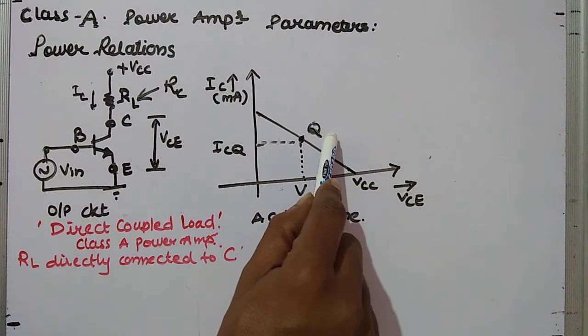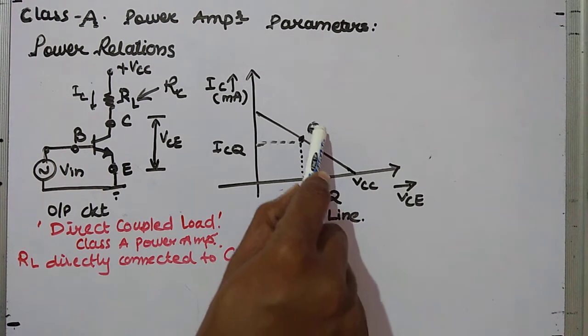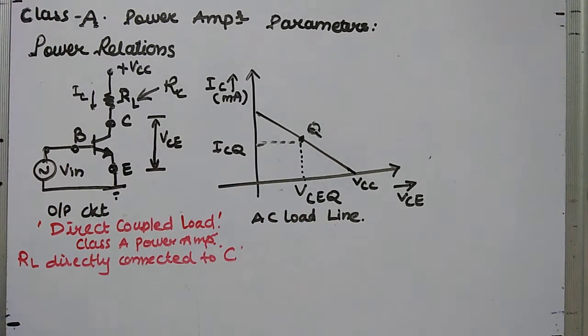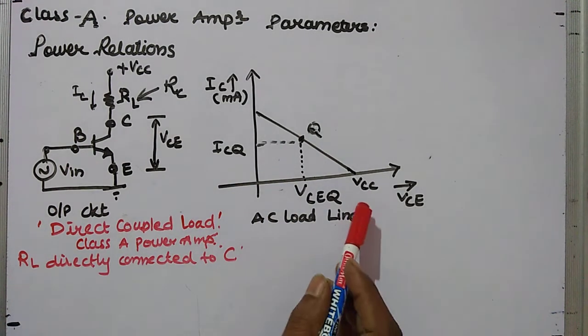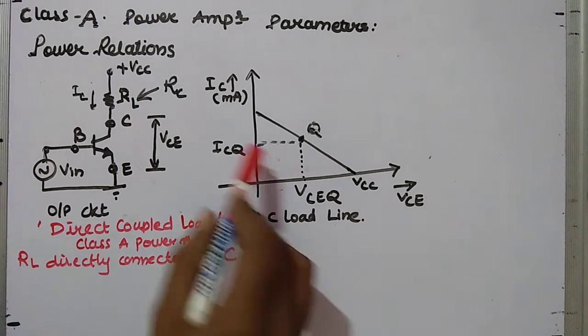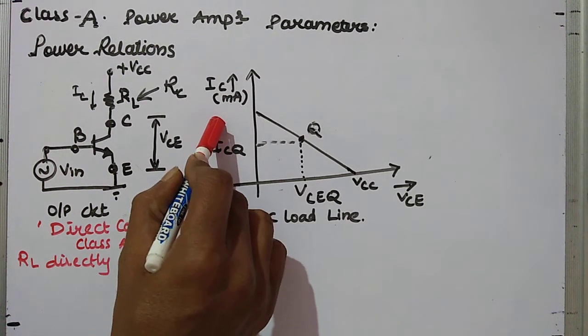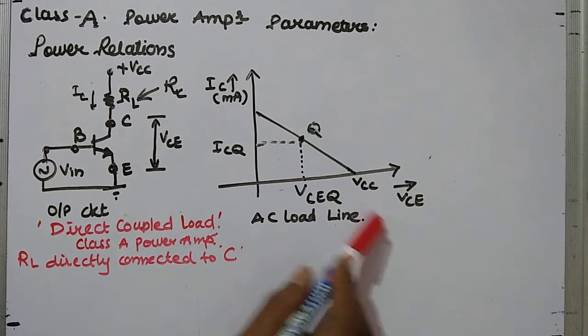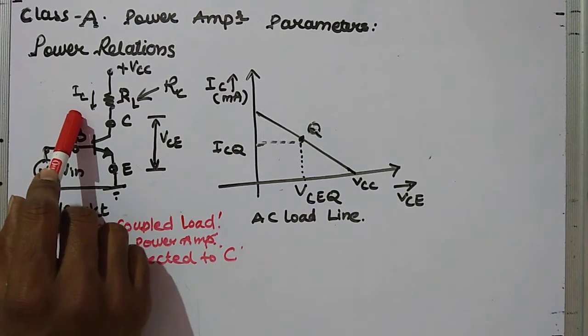Here the Q point or operating point of the transistor is located exactly at the center of the AC load line. On the x-axis we have VCE, and on the y-axis we have IC. So this is output current and this is output voltage.